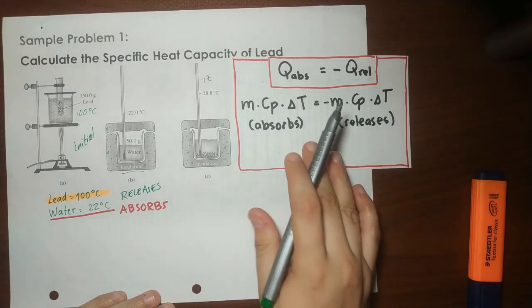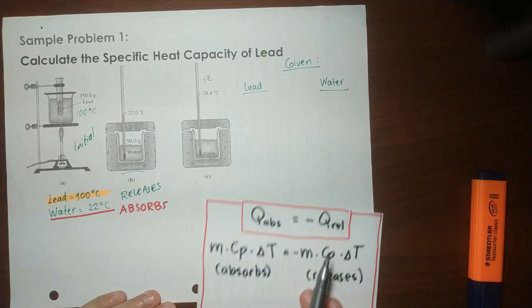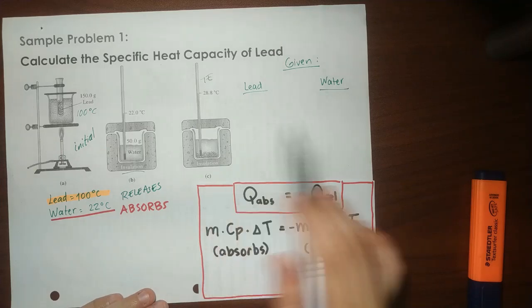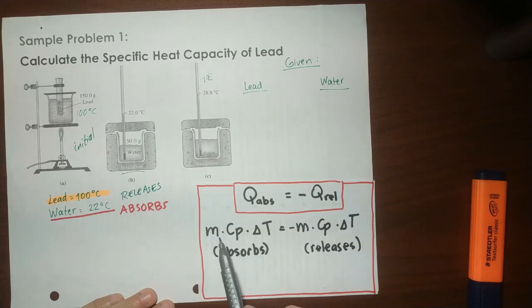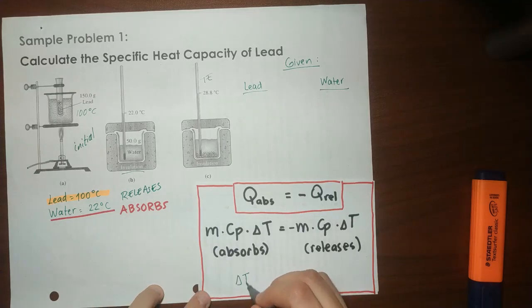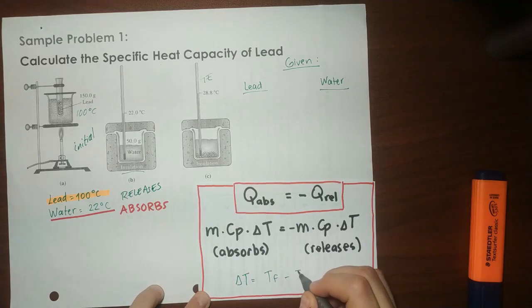Now, what is the next step? We need to write the givens. So what we do is we're gonna write the givens apart. What do I need? I need mass, I need specific heat capacity, and I need temperature. But not just temperature, I need change in temperature, which means, remember, delta T, change in temperature, is final minus initial condition.